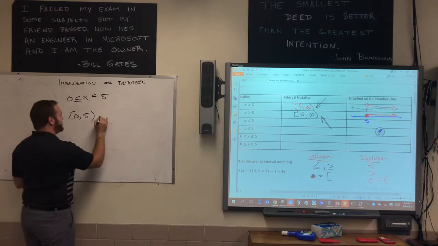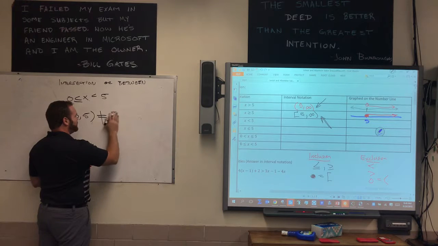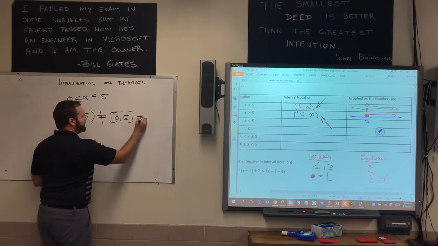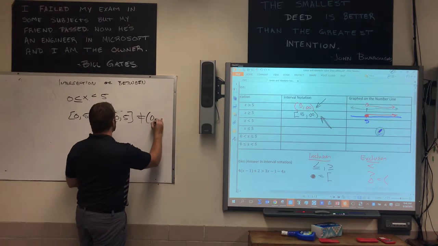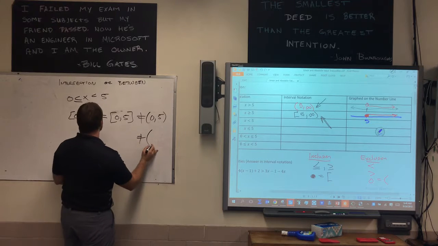What I think we need to understand is that parenthesis 0, 5 is not equal to bracket 0, parenthesis 5, which is not equal to parenthesis 0, bracket 5, which is not equal to, what am I missing?